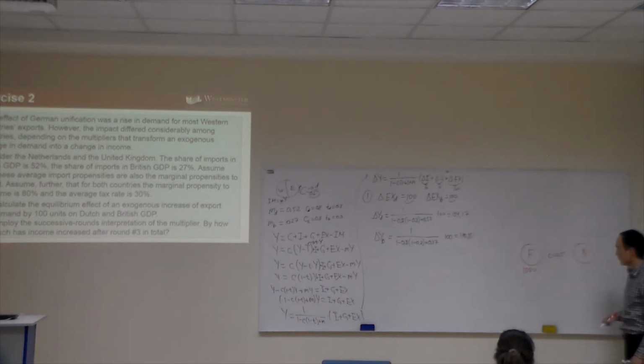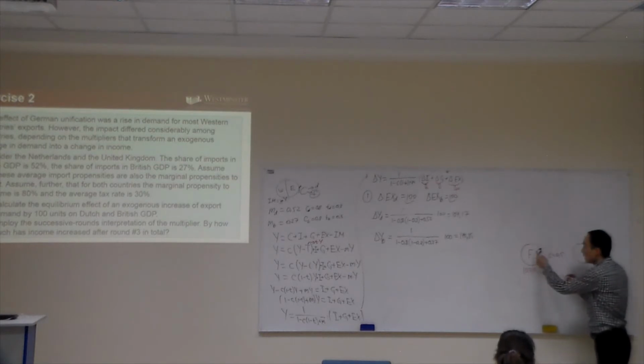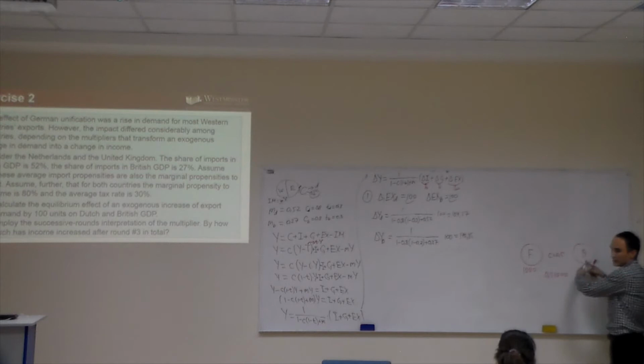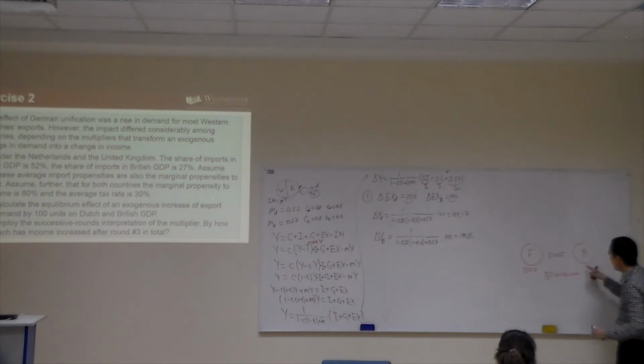So the farmer got $1,000 in his hands, and he is going to consume 50% of his income. He is buying services from the builder, which means 500 is going to become the builder's income.